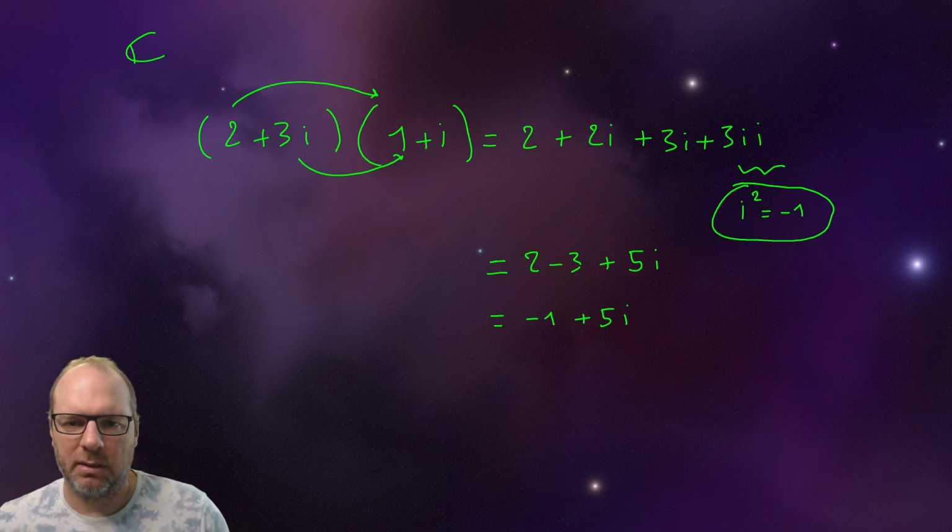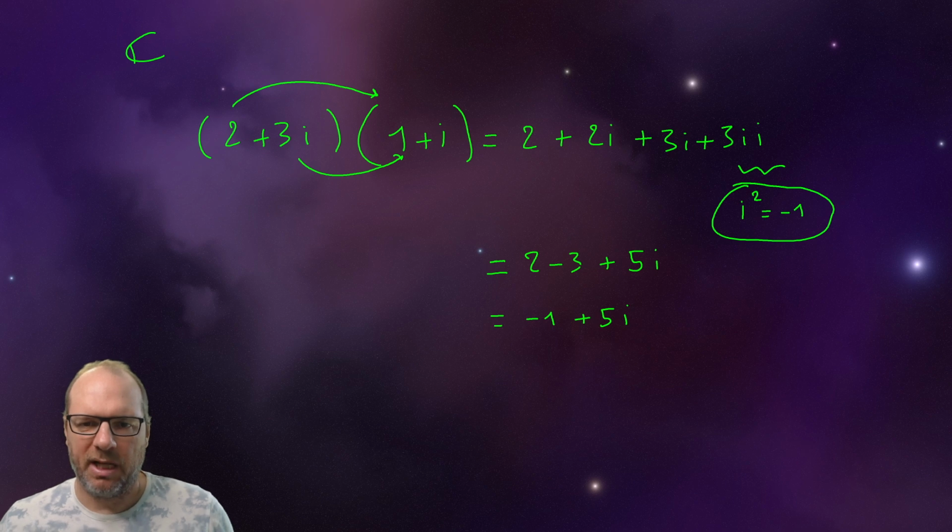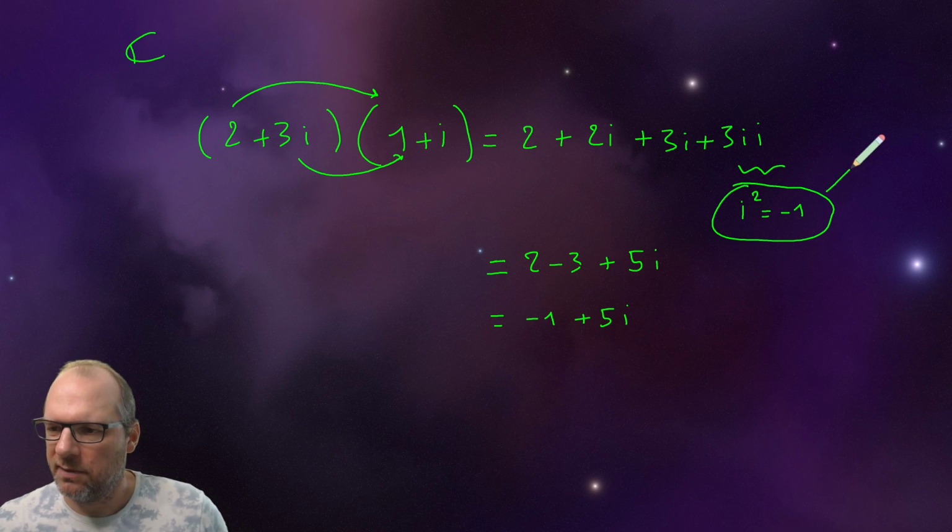As you can see, we can multiply every complex number without problem, knowing this special rule.